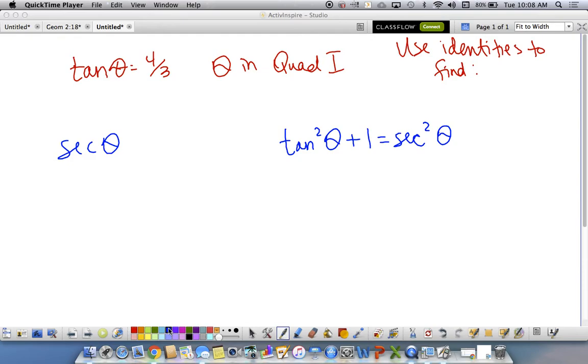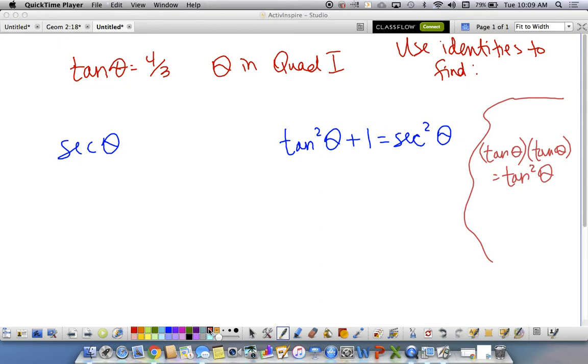Now, fundamental thing you have to know. What does it mean, tan squared? What is anything squared? It's the number times itself. So tan squared theta is really tan theta times tan theta. That is the rule for anything squared.